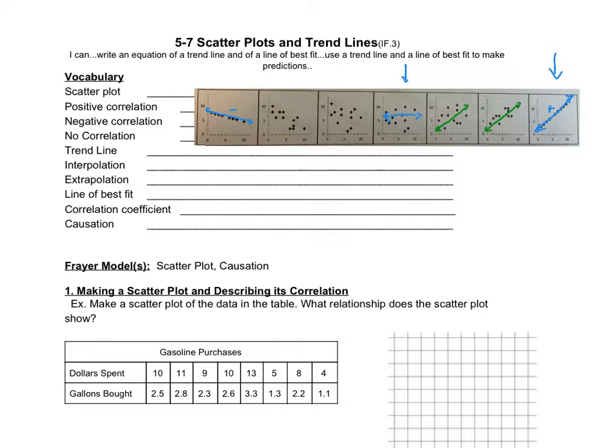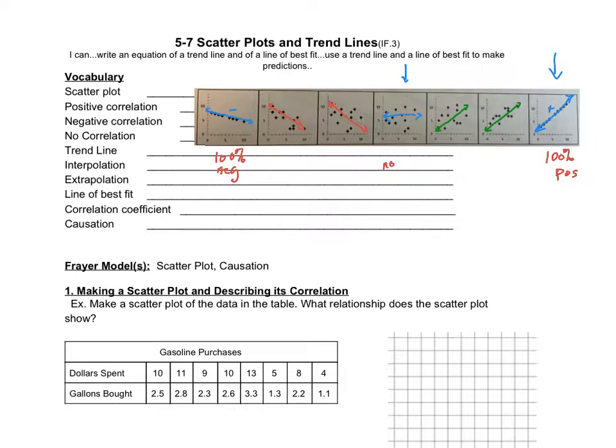The same thing goes as we move left: we have what seems to be a general negative trend, and then a tighter negative trend. And these work in percentages. This is a 100% straight line, positive, and this one over here is a 100% straight line with a negative slope.